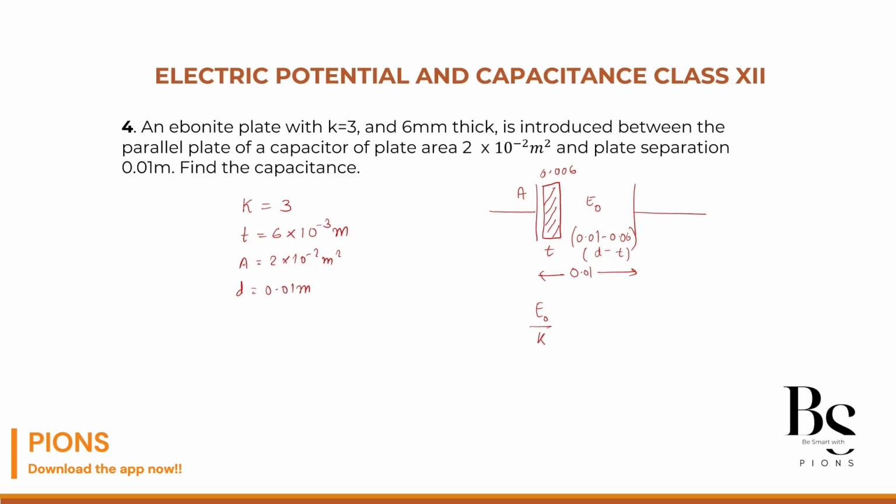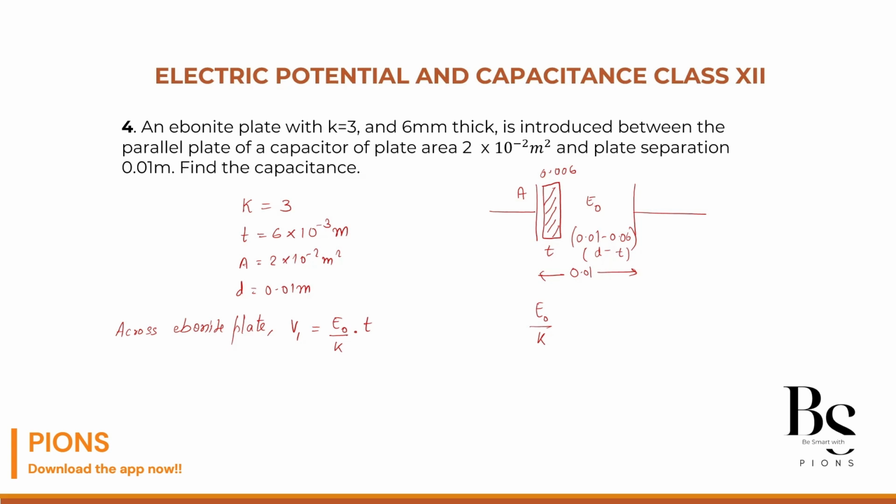So across the ebonite plate, the voltage V1 will be equal to how much? The electric field E naught upon K into thickness T, right? Electric field into distance is our voltage.